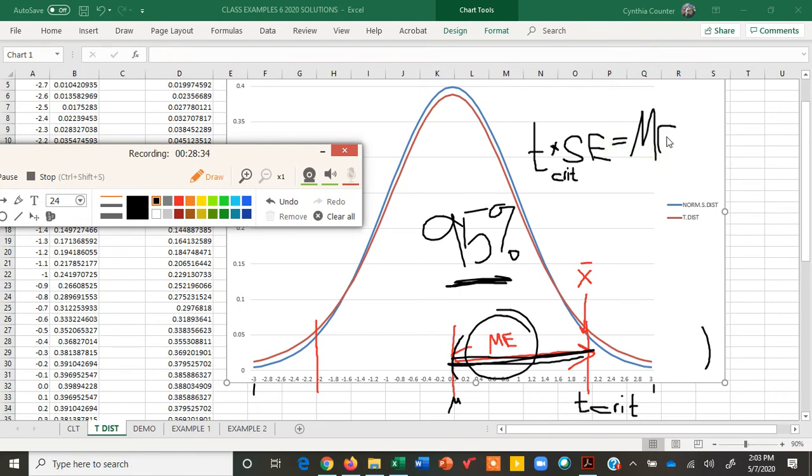I know I'm repeating a lot, but I want to try to get this to stick in your head. So I'm drawing pictures, I'm writing it down, I'm showing you already typed. This then is what we mean by the margin of error and how it's based on the critical value and the standard error.